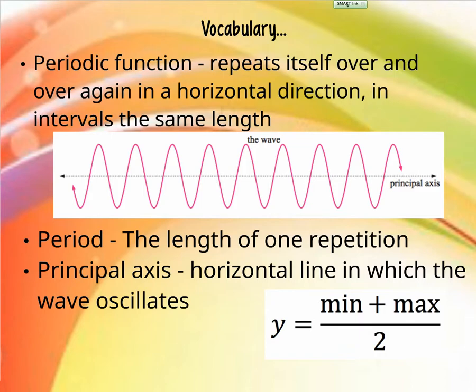So a periodic function repeats itself over and over again in a horizontal direction in intervals that are the same length. So I have a wave here, and we can see it's the same pattern up and down, up and down, up and down, moving horizontally.